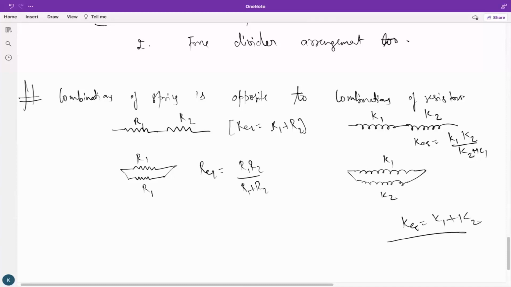So the series combination of resistors is analogous to the parallel combination of springs, and the parallel combination of resistors is analogous to the series combination of springs. So somehow we can connect it to resistors as well, right? This is the thing that we are dealing with.